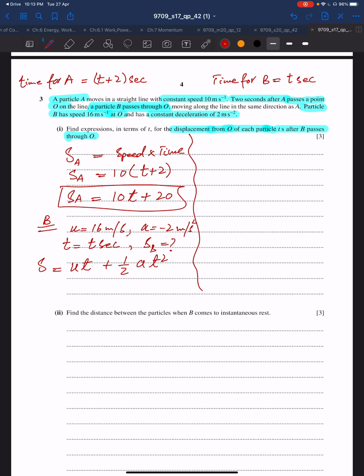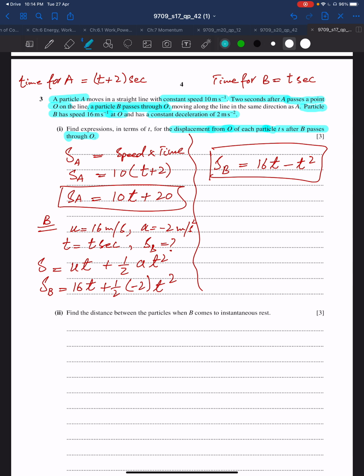So we'll substitute here. S of B is equal to 16t plus half into minus 2, into t square. So the displacement of B is equal to 16t minus t square meters.